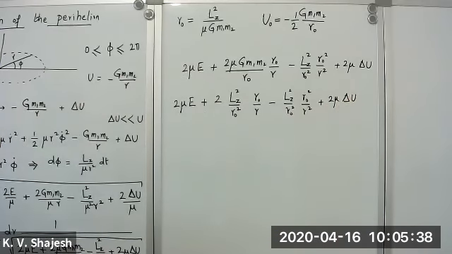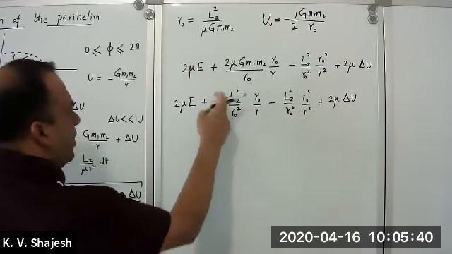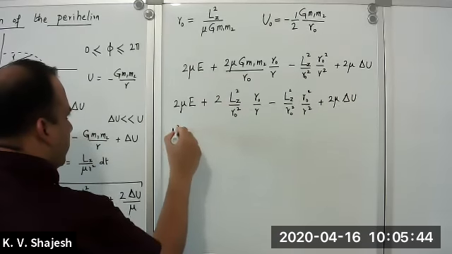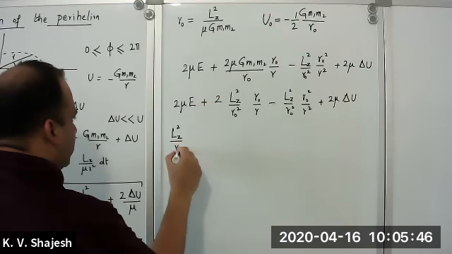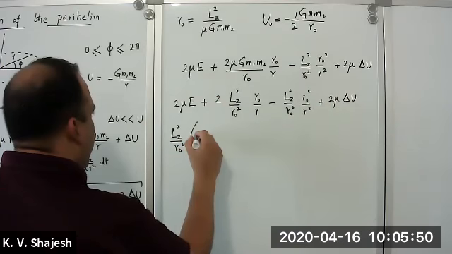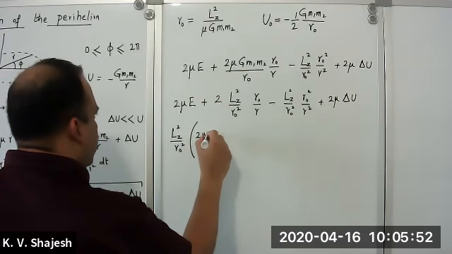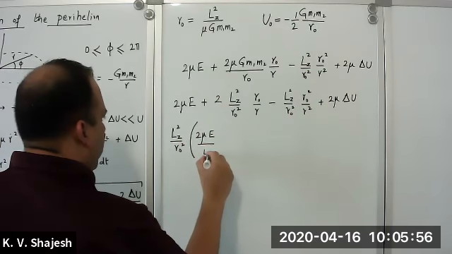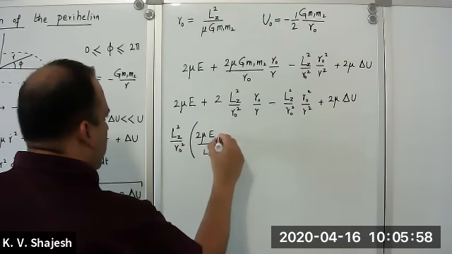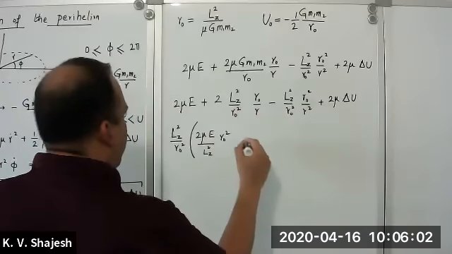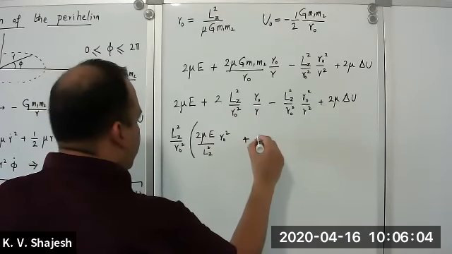Okay. Pull this out, LZ square over R naught. I think that's what I was trying to do all through. So we have 2 mu times E divided by LZ square over R naught square, and the rest of the things get a little simpler.